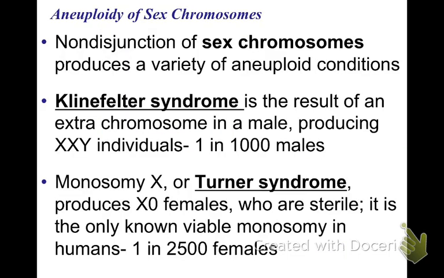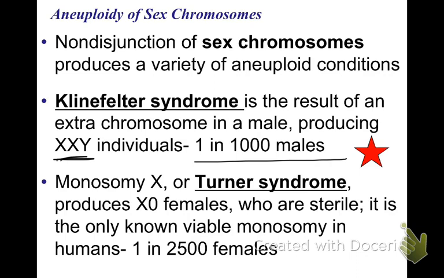Okay, non-disjunction of various sex chromosomes produces a variety of aneuploid conditions. Klinefelter syndrome is the result of an extra chromosome in a male producing an individual with XXY. Okay, 1 in 1,000 males have this condition.